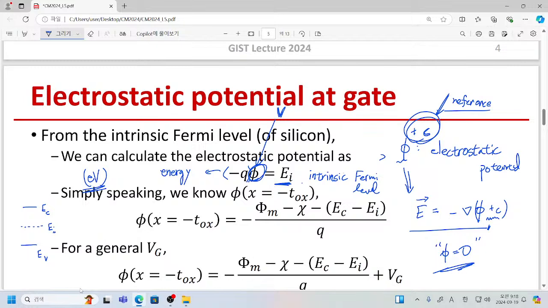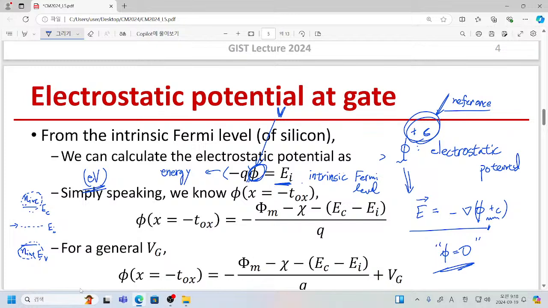When the Fermi level is located at this point, we can expect electron density in the conduction band corresponding to the intrinsic carrier density, and also hole density corresponding to the intrinsic carrier density. So the intrinsic Fermi level is the level that equates the electron density and hole density. So every time we can define this E sub I value.